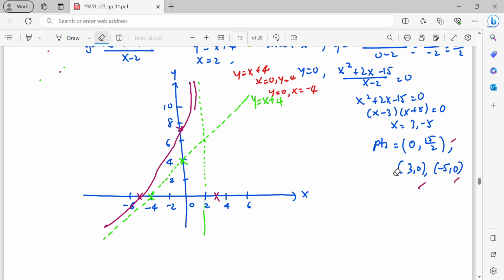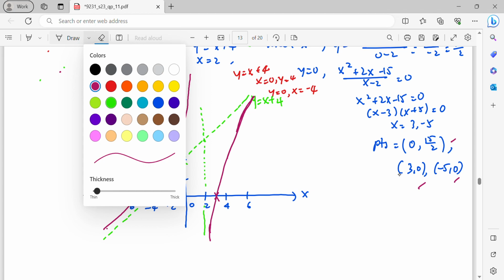Okay, so you need to draw a smooth curve. So this will be my curve C.